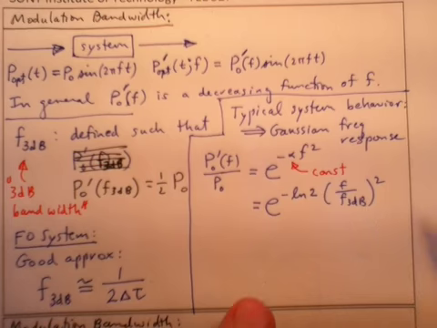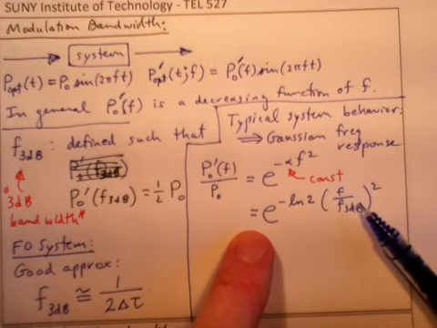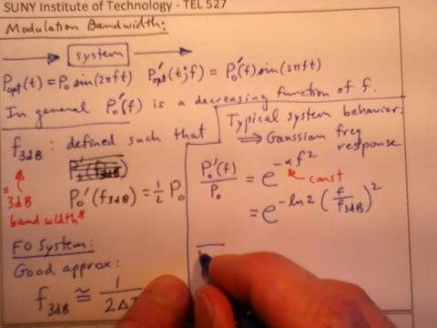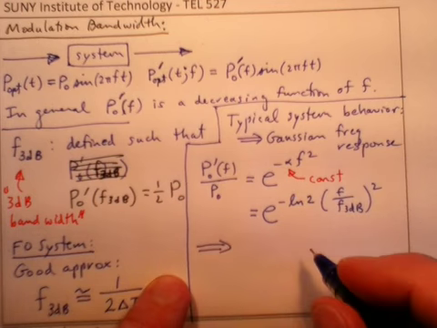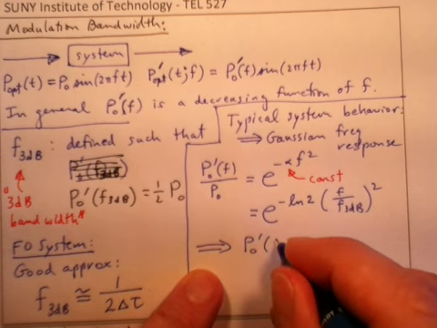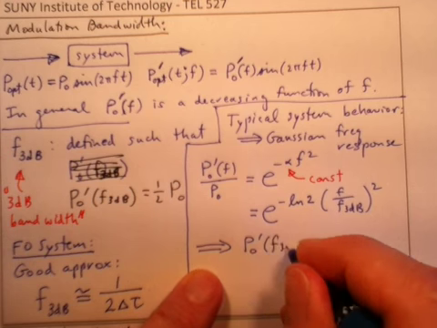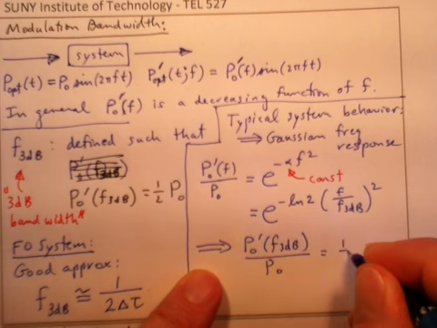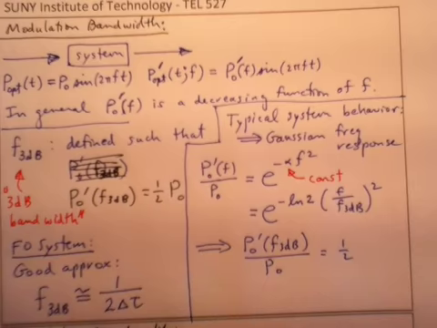Now this is a Gaussian form in f, and this form gives us that P naught prime evaluated at f3 dB divided by P naught really is 1/2. Okay, so this works out. You can verify that.